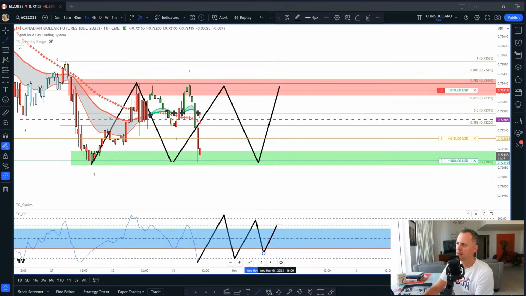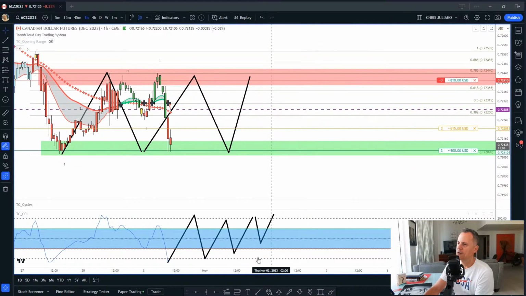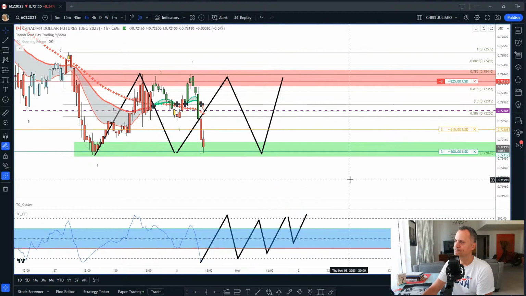And it might, on the CCI indicator, start doing stuff like this. So you see how it could start making higher lows. Here's your low, higher low, higher low, higher low. Pay attention to that. Definitely pay attention to that.